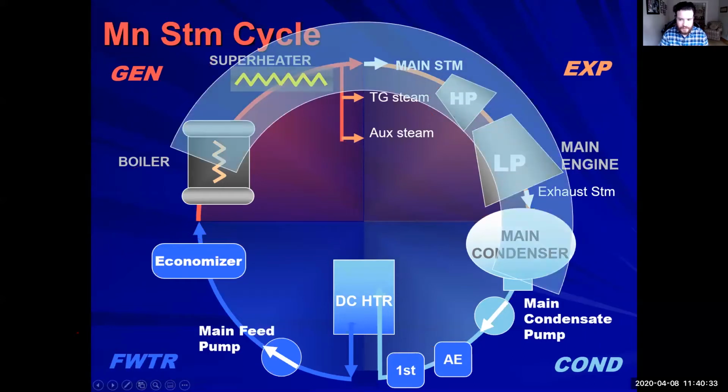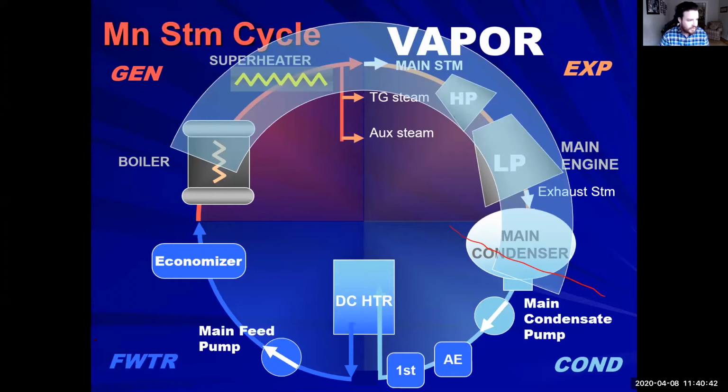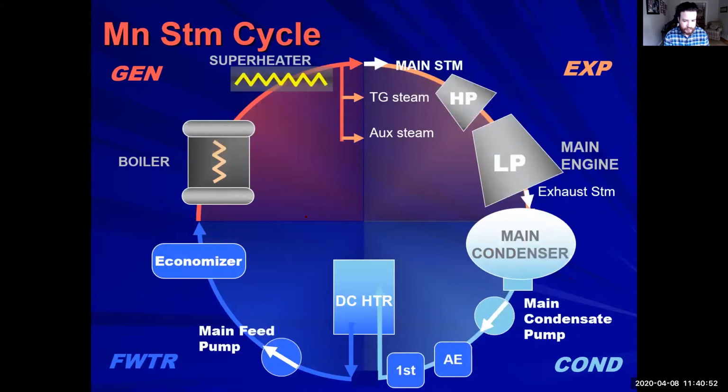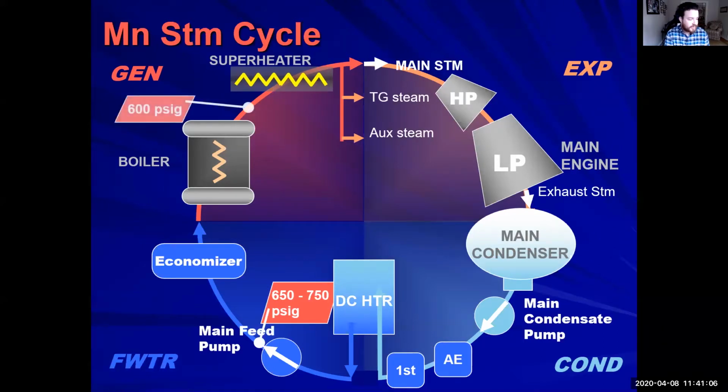Let's continue on. So from our boiler, halfway in our boiler to our main condenser, halfway in the condenser, is vapor. The other side is all liquid. Now, take a look at these pressures.